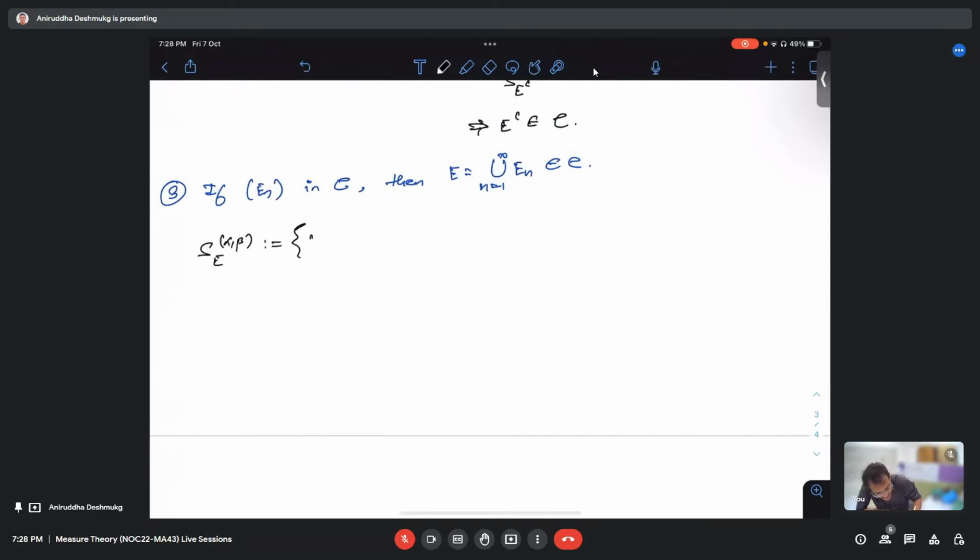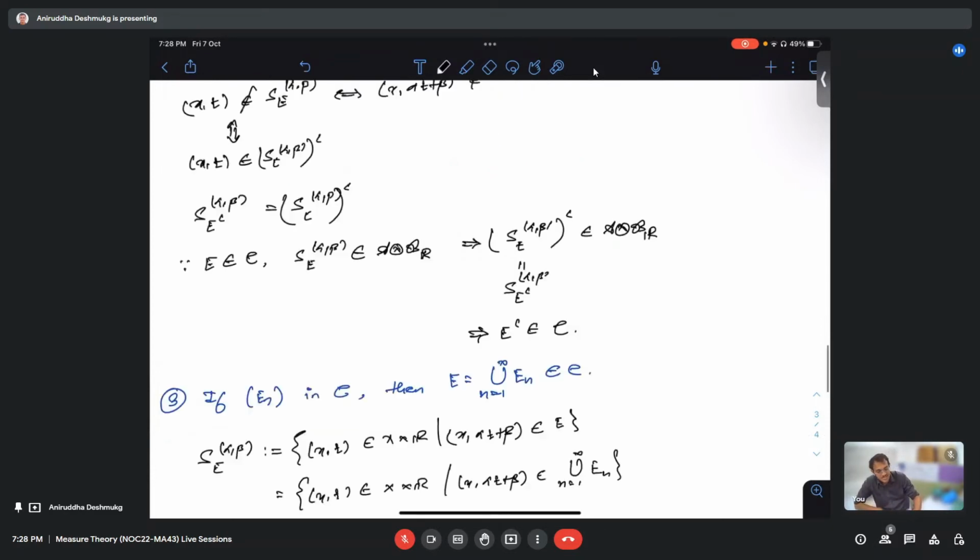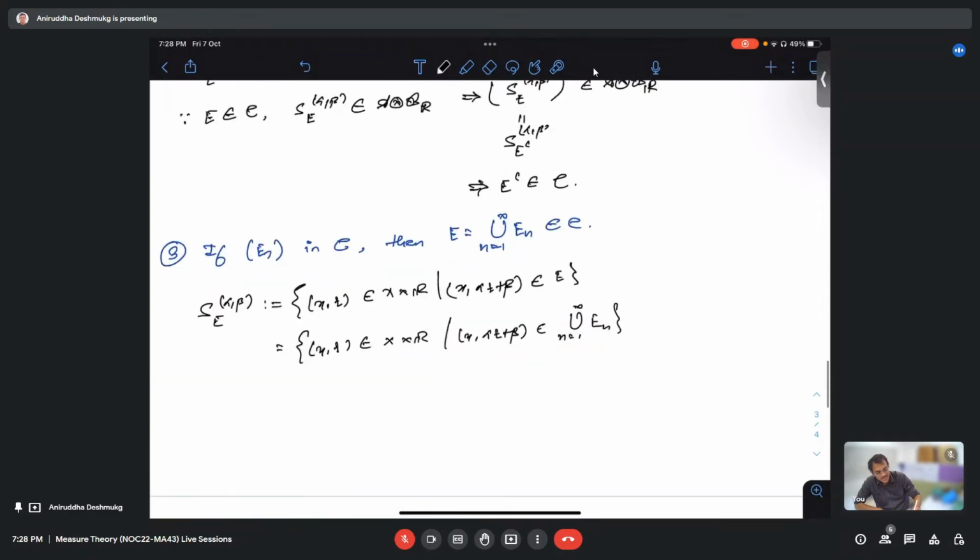So let us write it, S of E alpha beta. This is by definition all those xt in X cross R such that x comma alpha t plus beta is inside E. But E is our union. So x comma alpha t plus beta is inside the union of all En's.